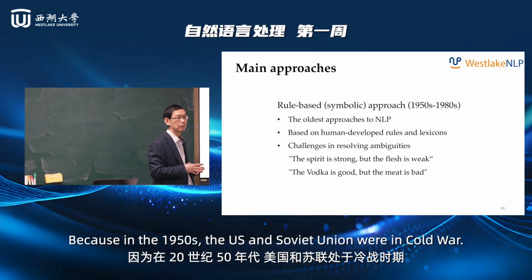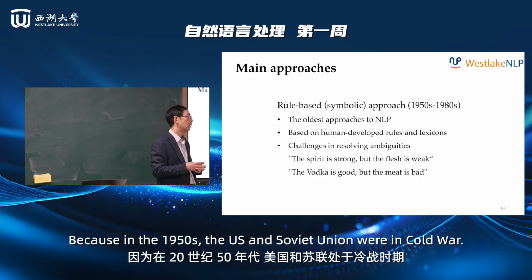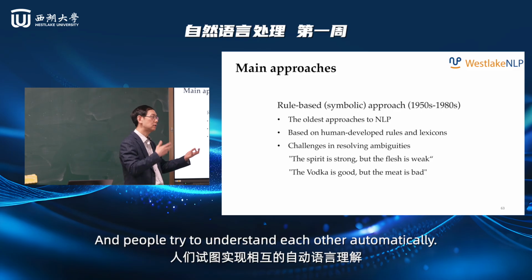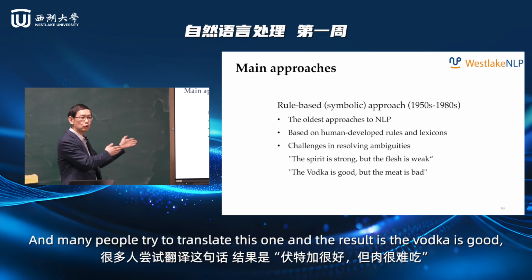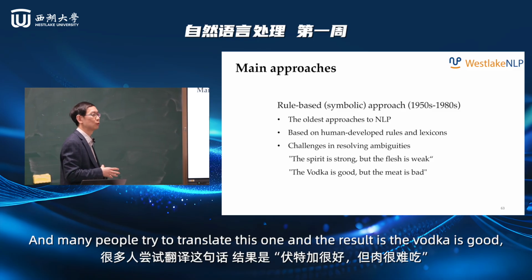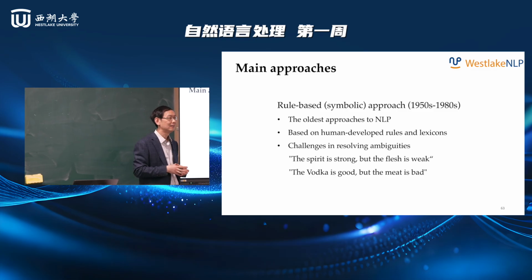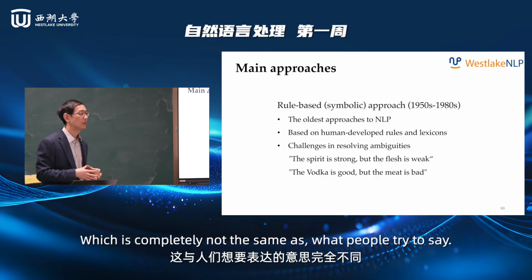Why Russian? Because in the 1950s, the US and Soviet Union were in the Cold War, okay? And people tried to understand each other automatically, okay? And when people tried to translate this one, the result was "the vodka is good, but the meat tastes bad," okay? Which is completely not the same as what people tried to say.